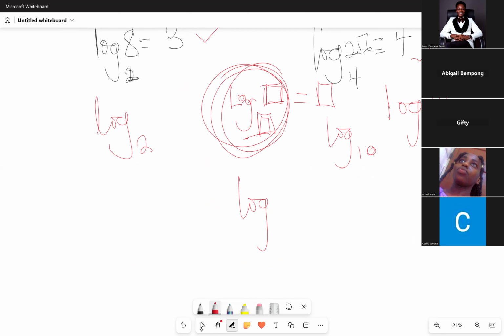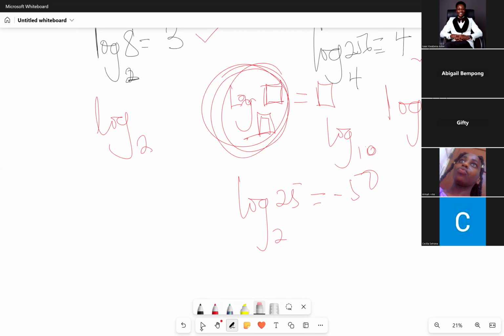Is log 25 with the base of 2 maybe negative 50? Yes, you can have something like that, but mathematically it doesn't make any logical sense.